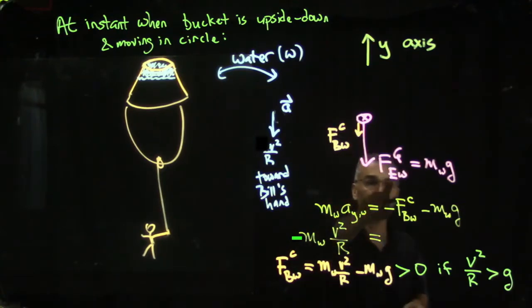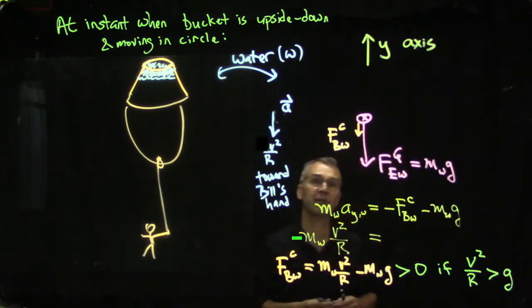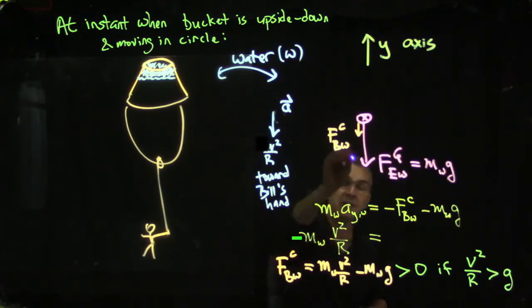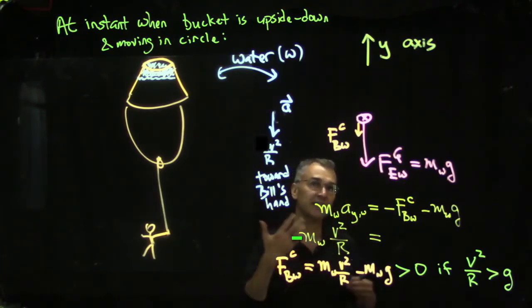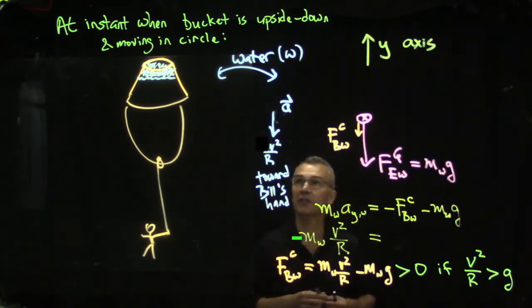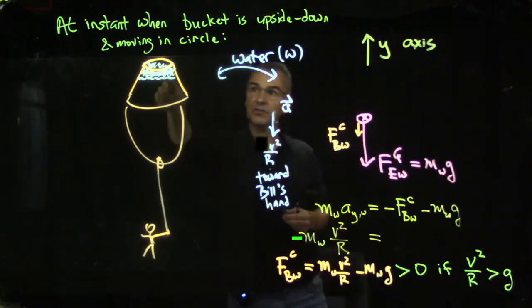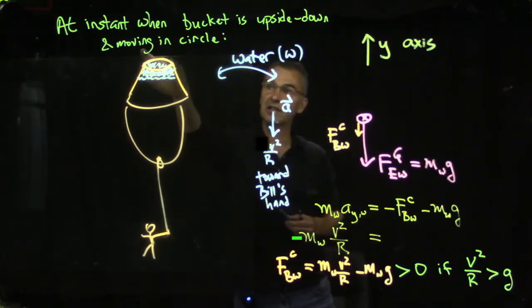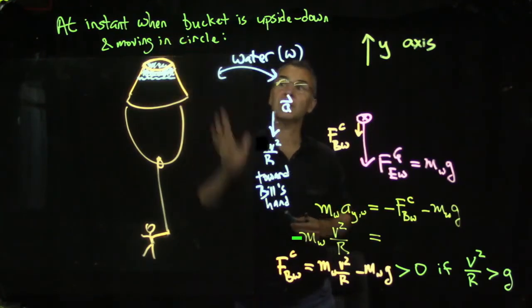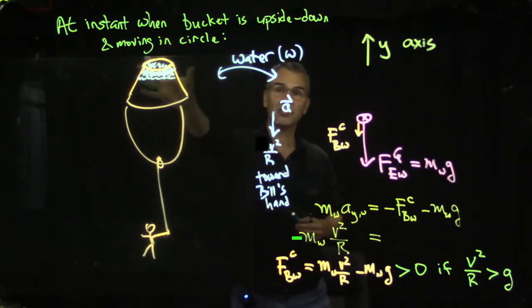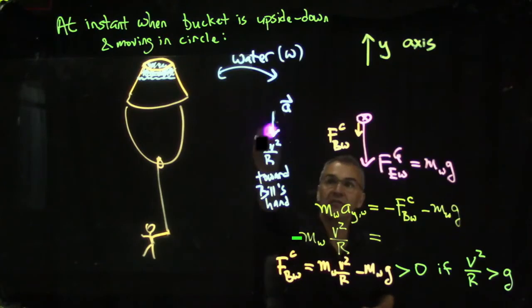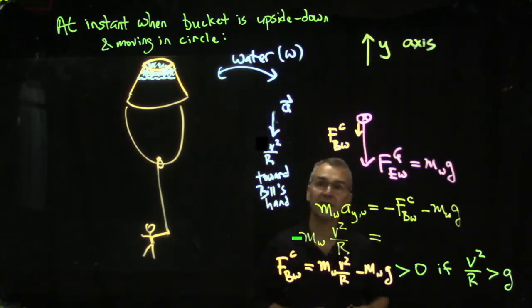So this is Earth on water, the mass of the water times g. That's a downward force. And then there's a contact force by the bucket on the water. I've drawn it pointing down, so if we get a negative number, that will mean it's pointing up. But you see, the bucket in this orientation is able to push down on the water, but the bucket is not able to pull up on the water, again, unless the water is frozen to the surface of the bucket. And the acceleration is down and has magnitude v squared over r.